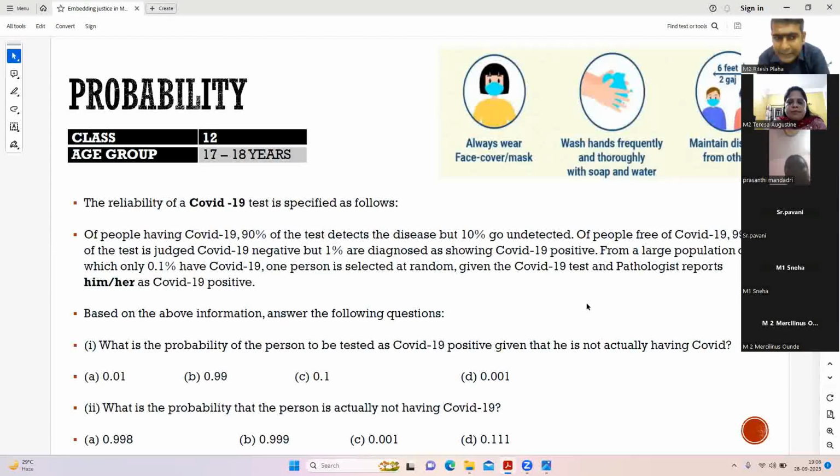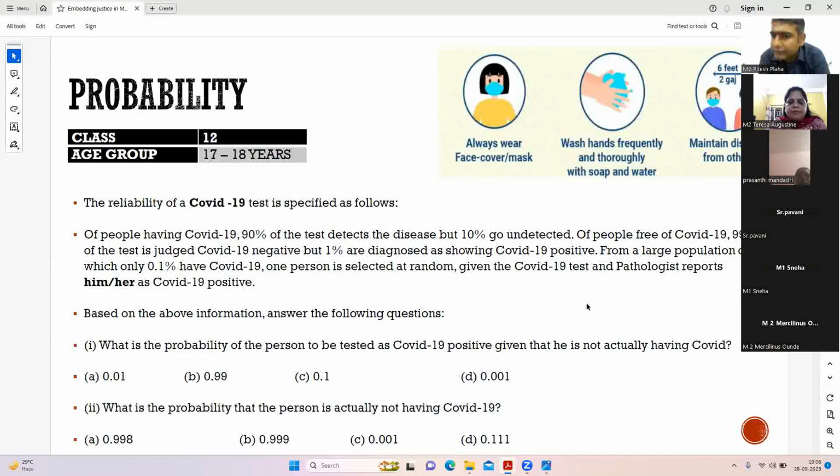In this case study, it says that the reliability of a COVID-19 test is specified as follows. Of people having COVID-19, 90% of the tests detect the disease, but 10% go undetected.